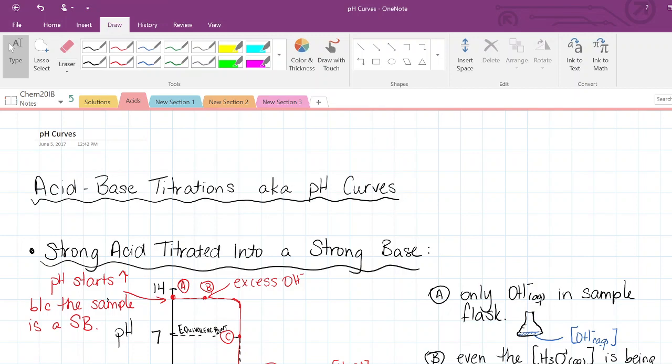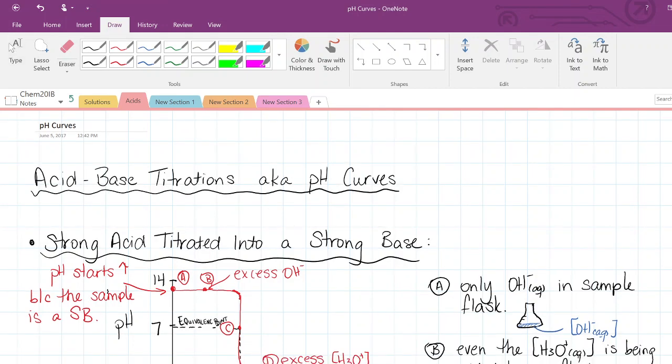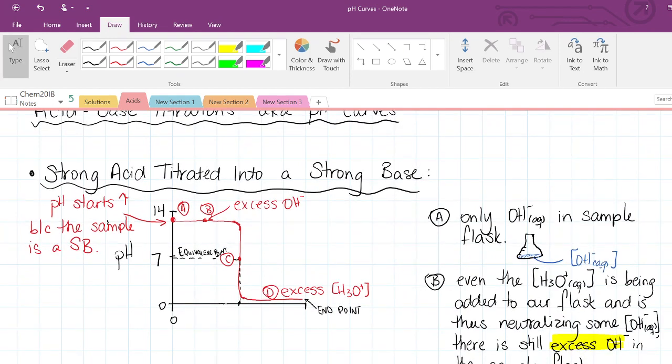For our intents and purposes at this level, the only types of curves that you need to be able to analyze and understand are the strong acid, strong base pH curves. And all of these pH curves are always going to have a shape much like this particular graph that I've given you in the notes.